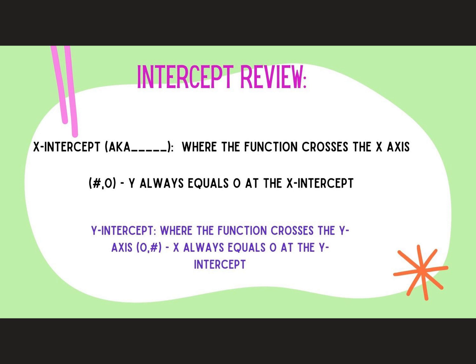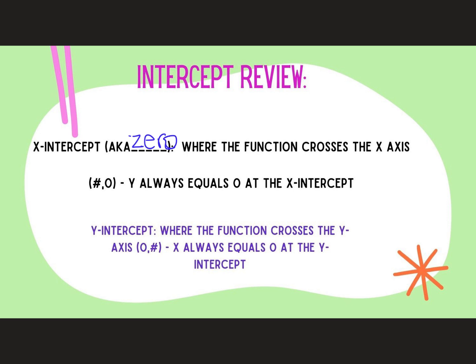So let's quickly review our x and our y intercepts. You remember the x-intercept, we also call this our zero. That is another term for x-intercept, zero. You may see a question phrased of what is the zero of this linear function. All they're asking for is the x-intercept. When we're looking at a graph, this is where the function crosses the x-axis.